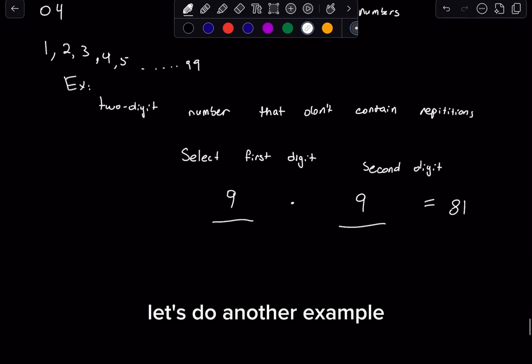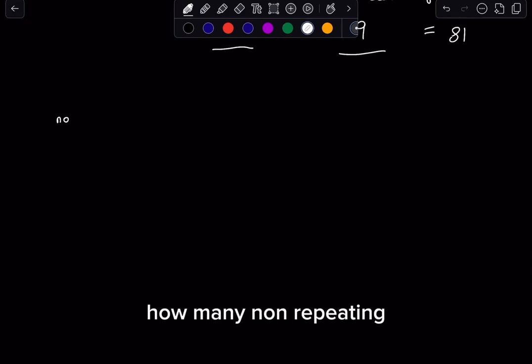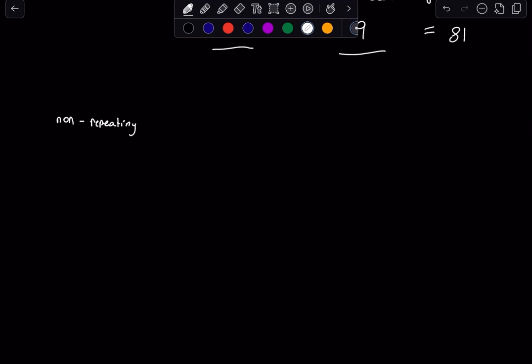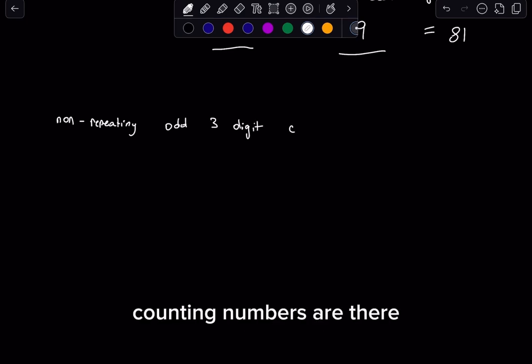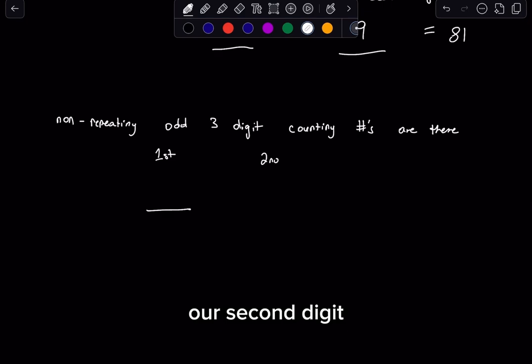Let's do another example. How many non-repeating odd 3-digit counting numbers are there? Well, we have our first digit, our second digit, and our third digit.